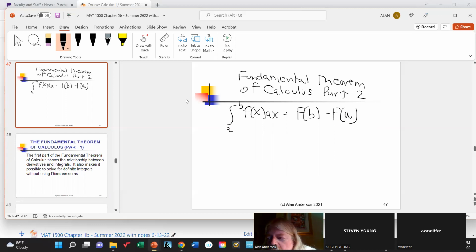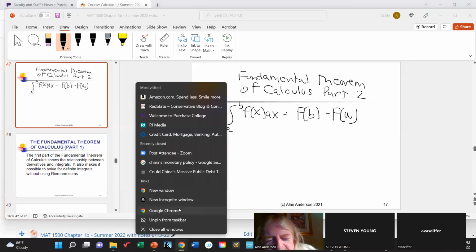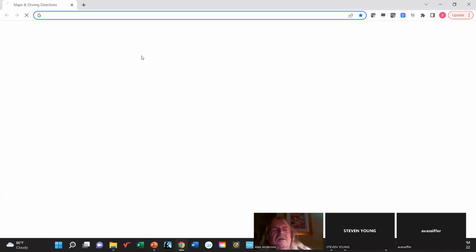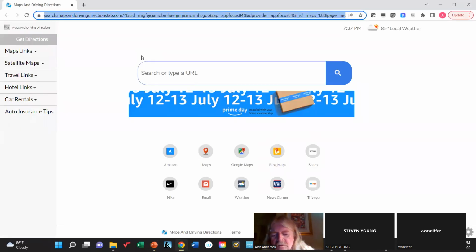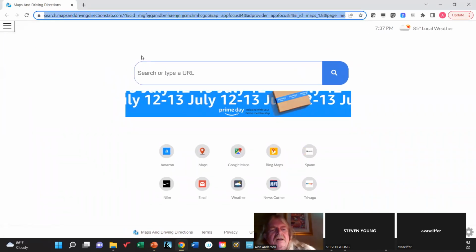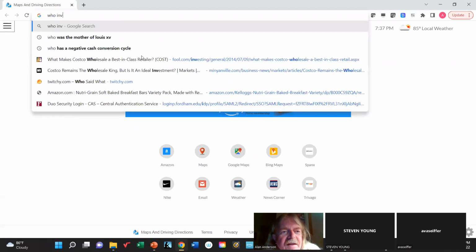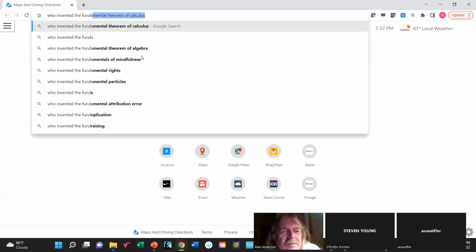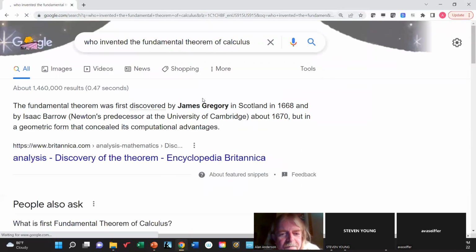Okay, so I don't know if there's anybody who's responsible for this theorem. You never know. Sometimes the names of these mathematicians are lost in the midst of time. Probably there wasn't a single individual who actually created this. Let's check it out really quickly. Who invented or developed the fundamental theorem of calculus?